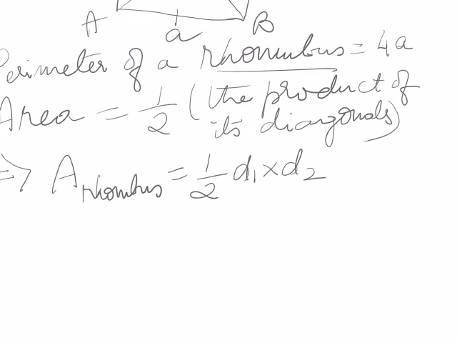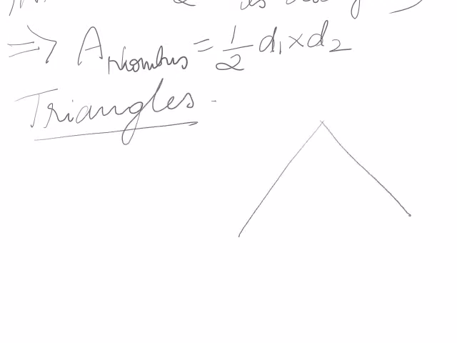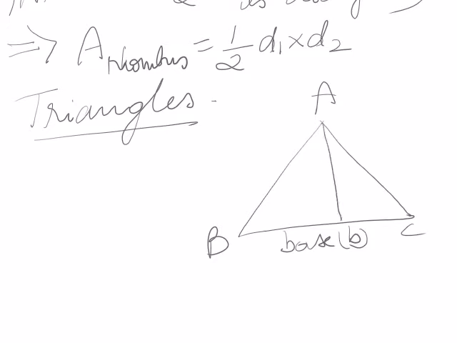Then we have triangles. A triangle is a three-sided closed figure. Okay, so if you consider BC as the base, and if you drop a perpendicular from the opposite vertex of this base, this becomes the height h, or this is also known as altitude.